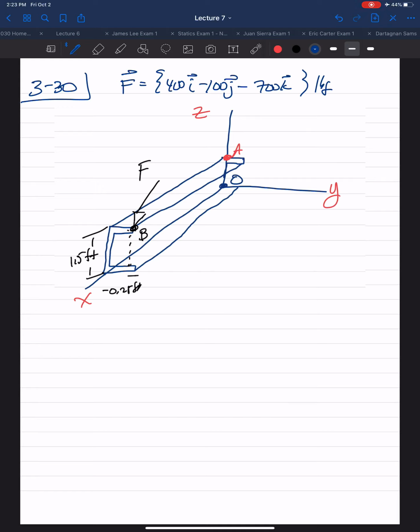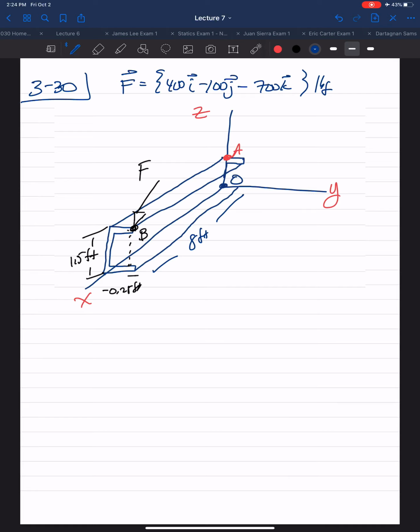And the length here is 8 feet. So in this case, in the previous problem, we worked on position vector from the origin at O because we were worried about the moment the force caused about point O. So we went from O to B, but now we're going from A to B because the force is acting at B and we want to know the moment it causes about point A.